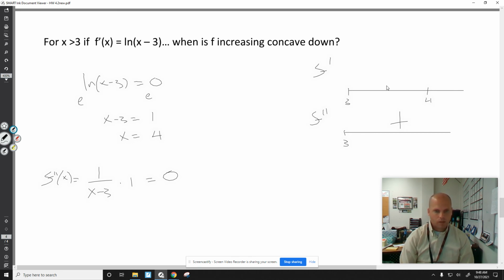Here is tricky. Like, what do I plug into log x minus 3 between 3 and 4? I mean, you want to get like an e to a power, but it's tough to get e to a power because it's x minus 3.